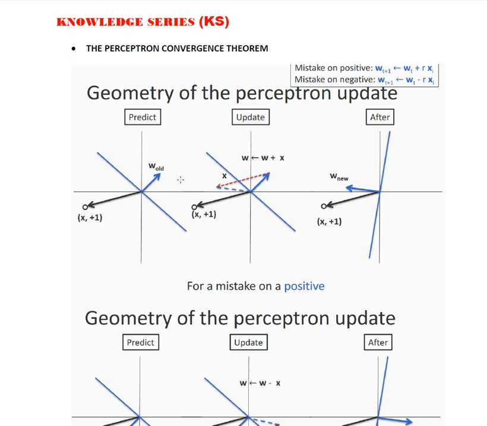So the point has come here, and this becomes the new W. You have to understand that the W vector is always 90 degrees to the decision line. So once it becomes W new, the decision line is this one.